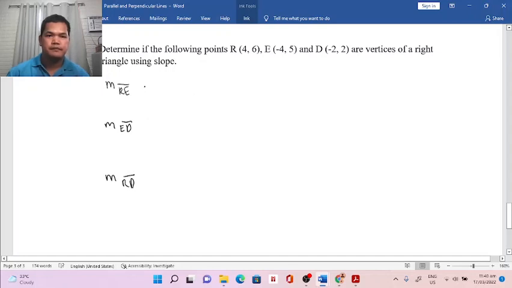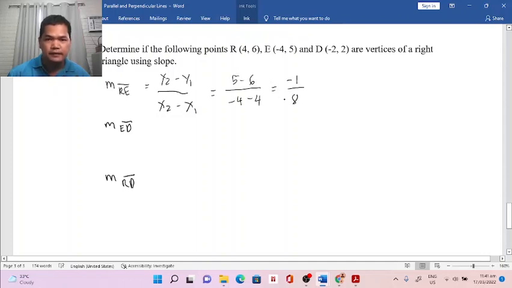Slope is (y2 - y1)/(x2 - x1). For RE, we have (5 - 6)/(-4 - 4), which is equal to -1/-8, which is 1/8.